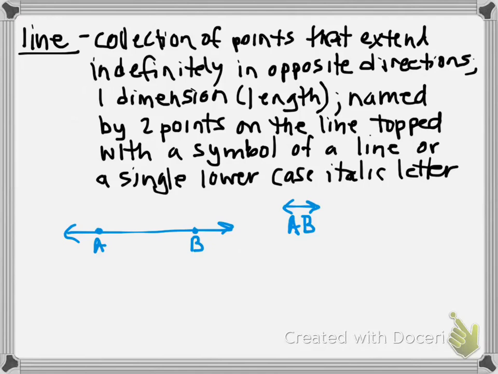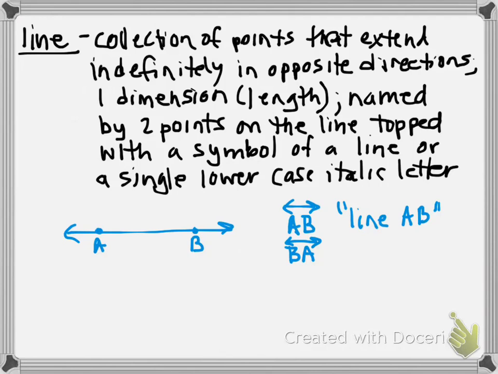We call that, in words, line AB. Would I be talking about a different line if I talked about line BA? No. So order doesn't matter. What mathematical property is that? Commutative property. So the letters are commutative when it comes to the naming.